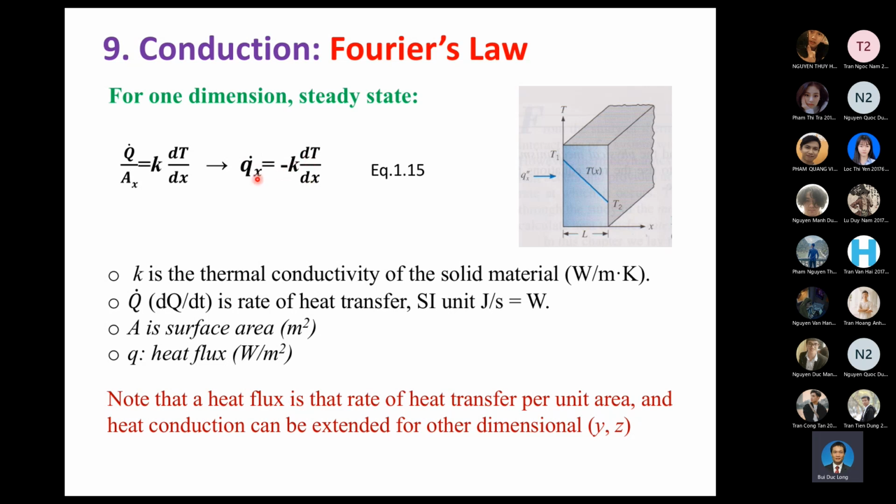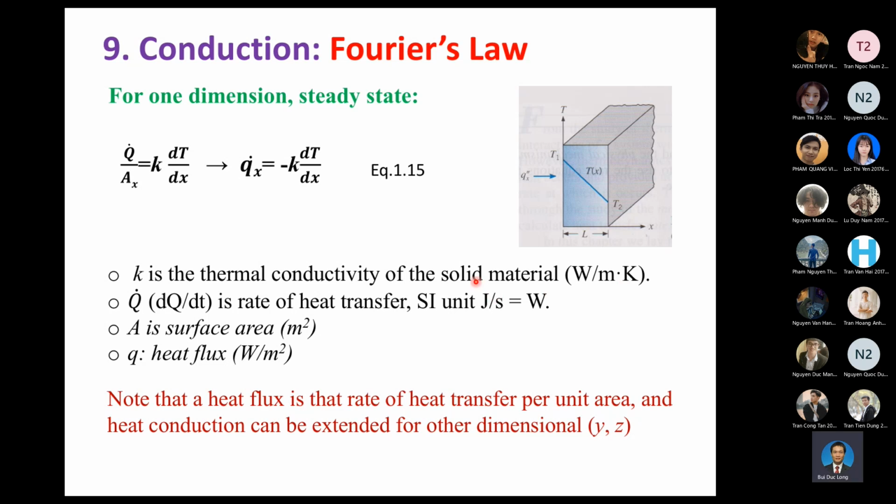Here k is thermal conductivity, already introduced in the first lecture. K is the thermal conductivity of the solid material. Different materials have different kappa. Sorry, this should be kappa. The units are watts per meter Kelvin.